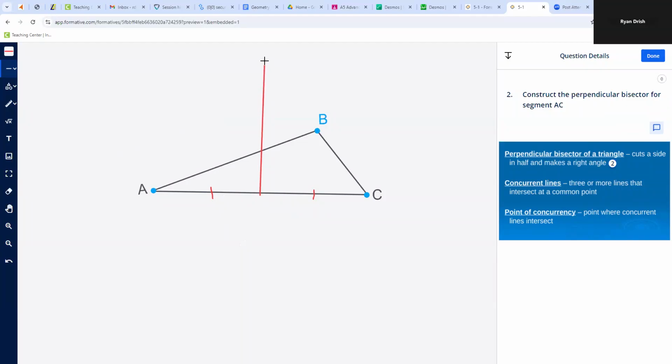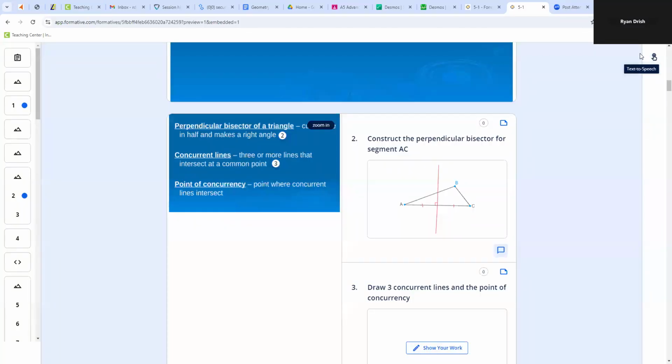So something along these lines. When creating any sort of perpendicular lines, make sure you show that they're perpendicular. We do that by putting in the right angle box. And that red line that I constructed would be considered a perpendicular bisector. It is both bisecting segment AC and it's perpendicular. So that is part of how we find a circumcenter.